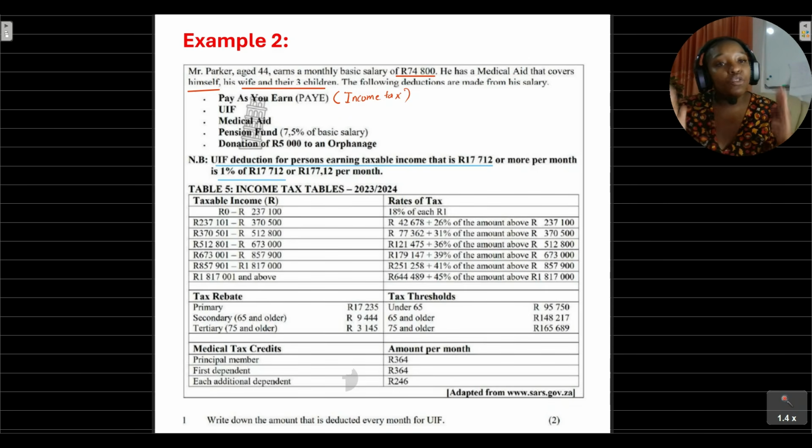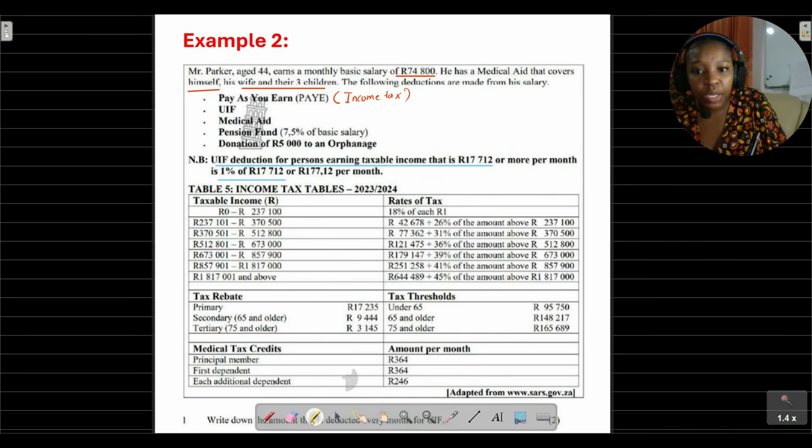No, we need to first determine what his monthly taxable income is. So for us to determine the monthly taxable income, or the income that Mr. Parker earns that can be taxed, we need to first deduct certain values. What are those values that we need to deduct?